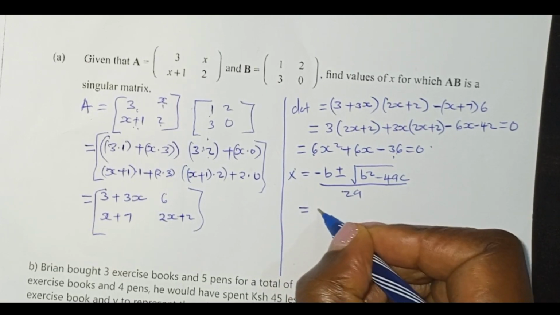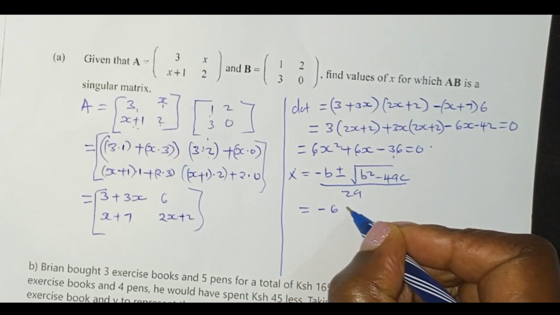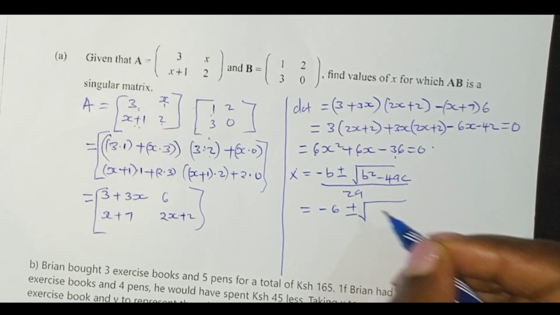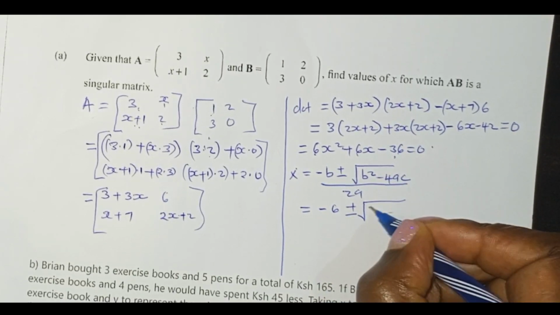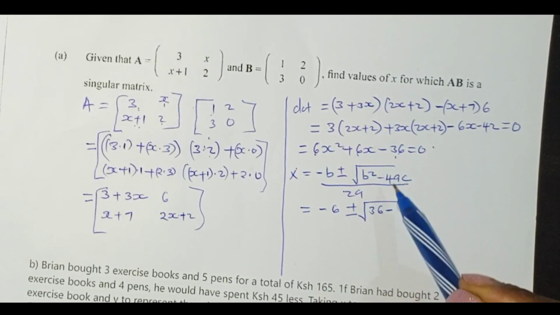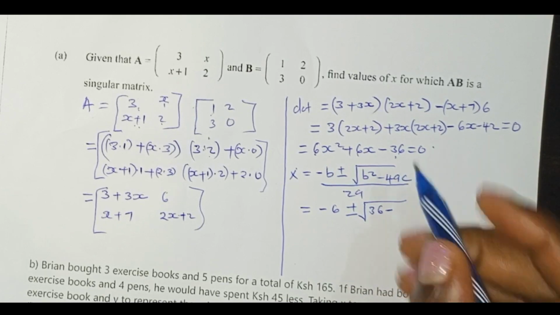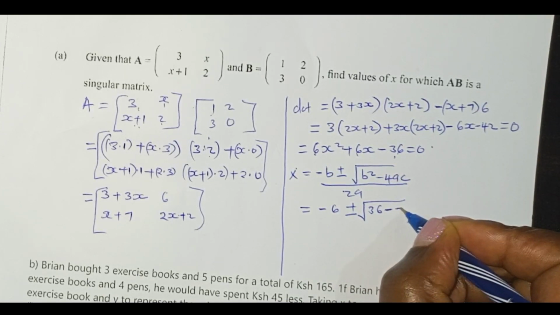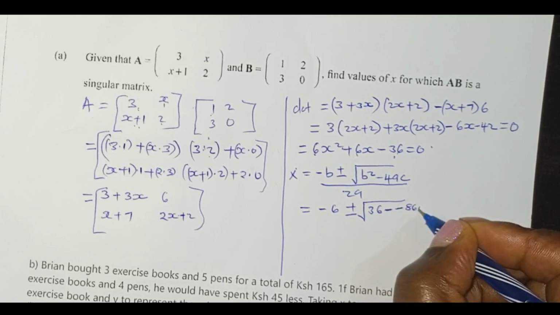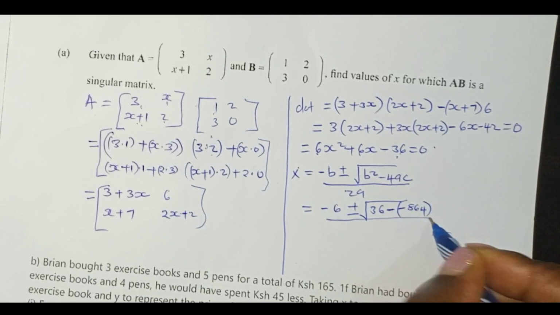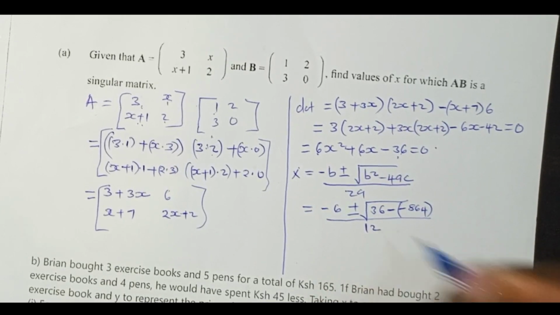So we have negative 6 plus or minus the square root of 6 squared, which is 36, minus 4 times 6 times 36, you get negative 864, divided by 12.